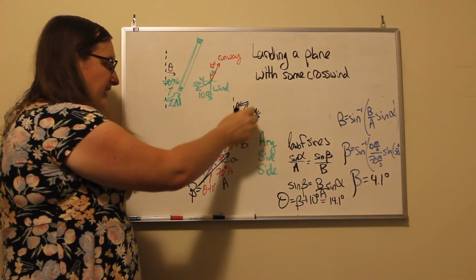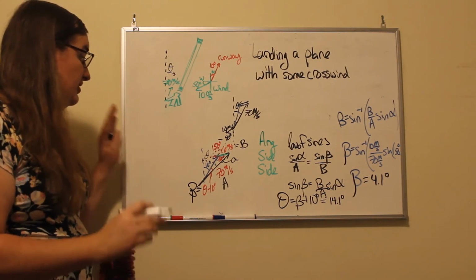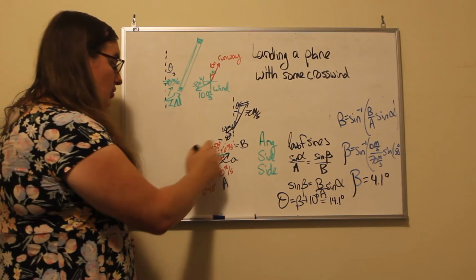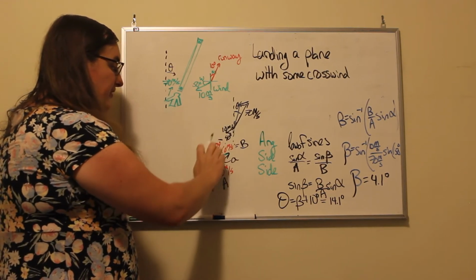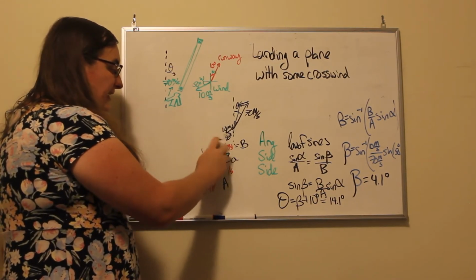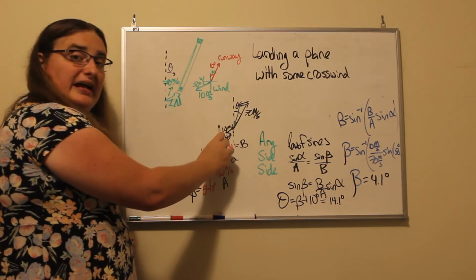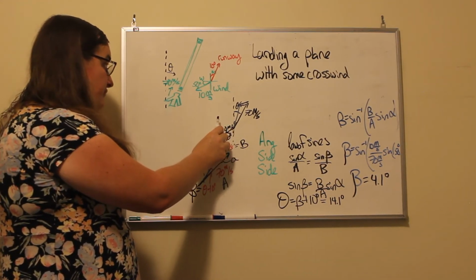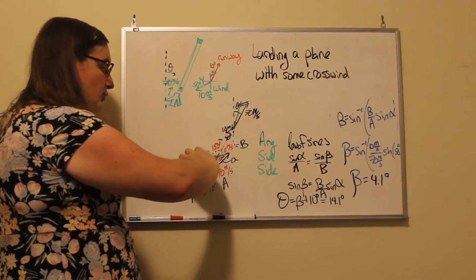So, taking a look at the vectors that we know, if I were to take my two vectors and redraw them over top of each other, this unknown vector I know has to be at an angle of 10 degrees from north. My wind has to be at an angle of 140 degrees west of north.